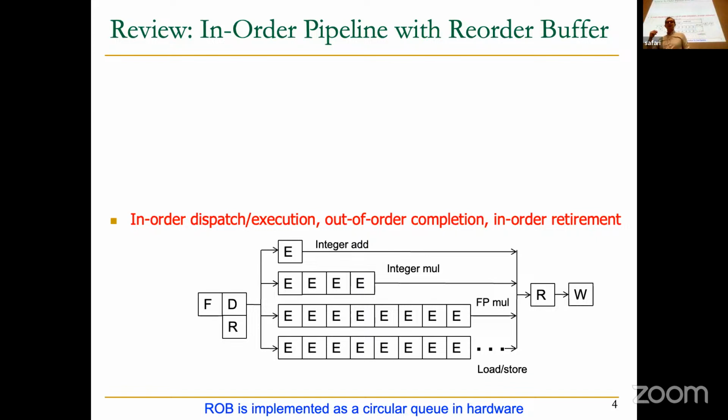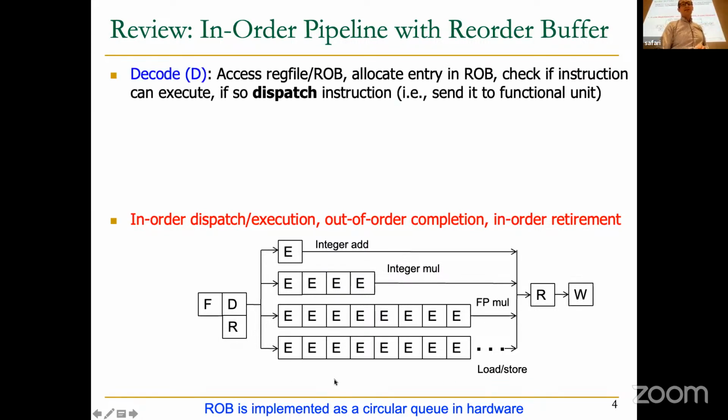Okay, this is what we built up to yesterday. We built an in-order pipeline with a reorder buffer with multi-cycle execution units, as you can see. We did the instruction reordering and precise exceptions using a reorder buffer. I'll go through this just to jog your memory.